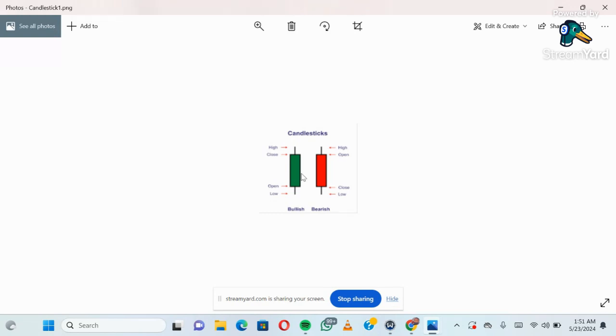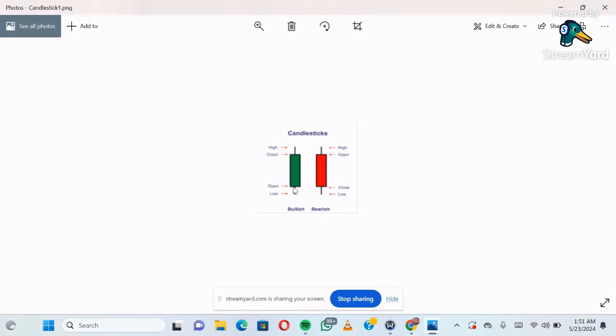Within a time frame, the sellers push the market to the downside, so it forms a wick. When we are talking about the 1 hour time frame, during that 1 hour the sellers push the market down to this point here. This is the lowest point the market ever got to. That is why we call it the low.